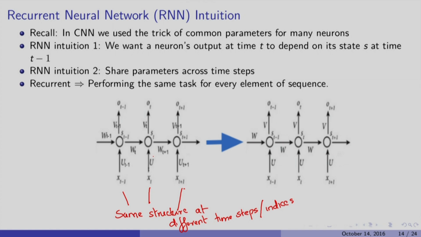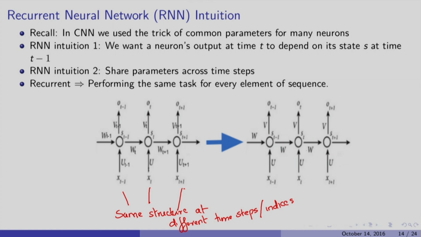Is that really required? Well, what we wanted or we expressed as a desirable property of the recurrent neural network on our previous slide was that these parameters are actually shared, and that is exactly what we depict here on the right hand side.